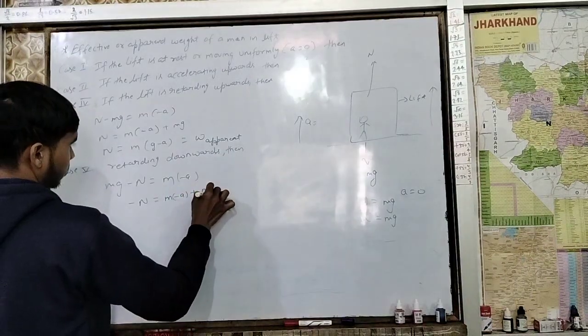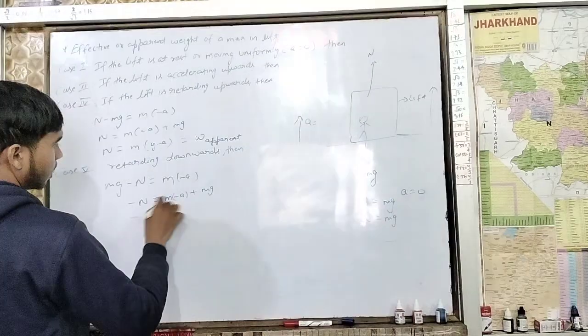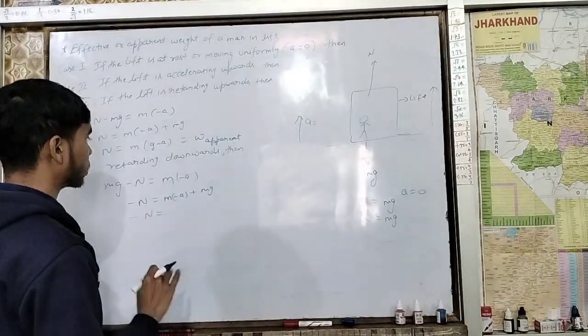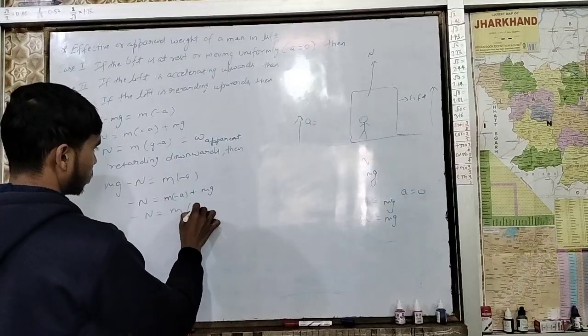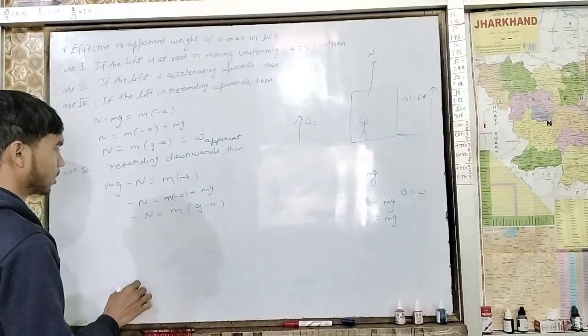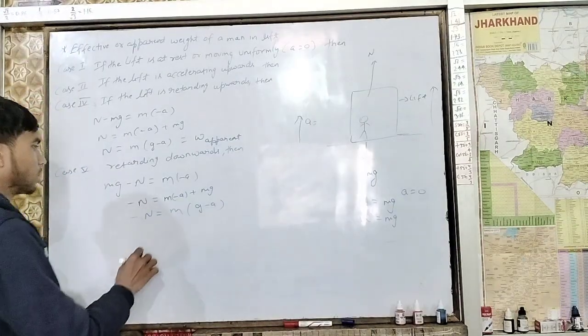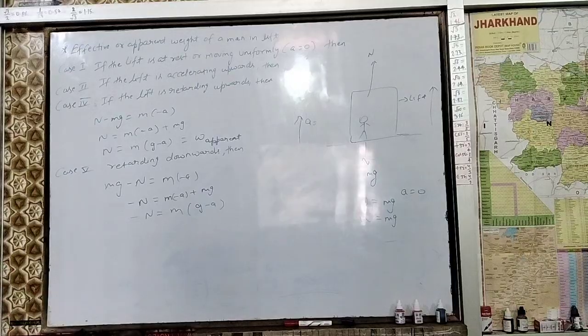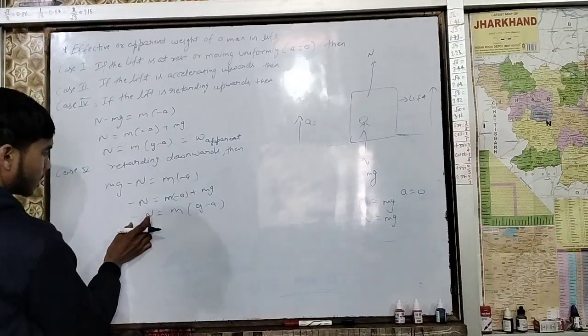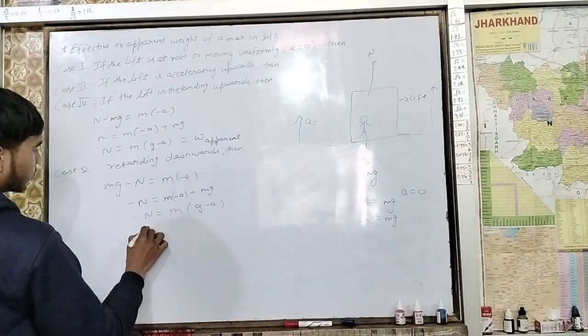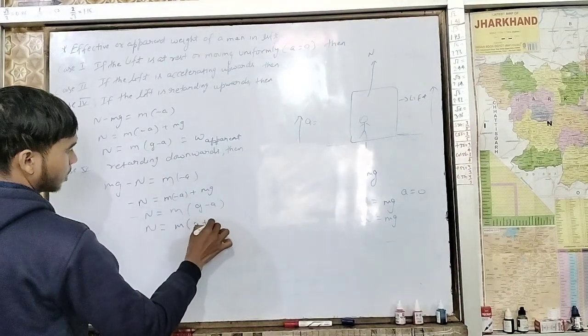So N equals m(g plus a), the minus will become positive.